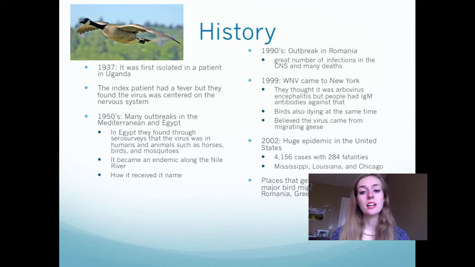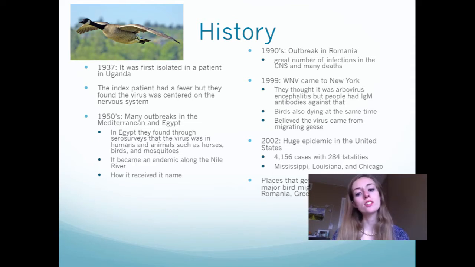In 1999, West Nile virus came to New York. They thought it was arbovirus encephalitis, but people had the IgM antibodies against arbovirus encephalitis, so they figured out it was not that. And birds were also dying at the same time, so they figured out that it was West Nile virus. And many believed the virus came from migrating geese, maybe from Europe, but they weren't quite sure if that was the case.